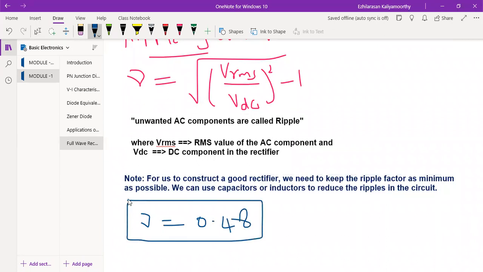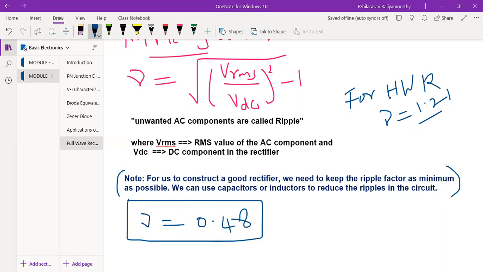Very important. But what about the half wave rectifier? For the half wave rectifier, gamma is, I hope you remember, 1.21. So there are more ripples, very high. But in the full wave rectifier the ripples are much less, 0.48. Still, if you need to reduce it, you have to use the method I mentioned.